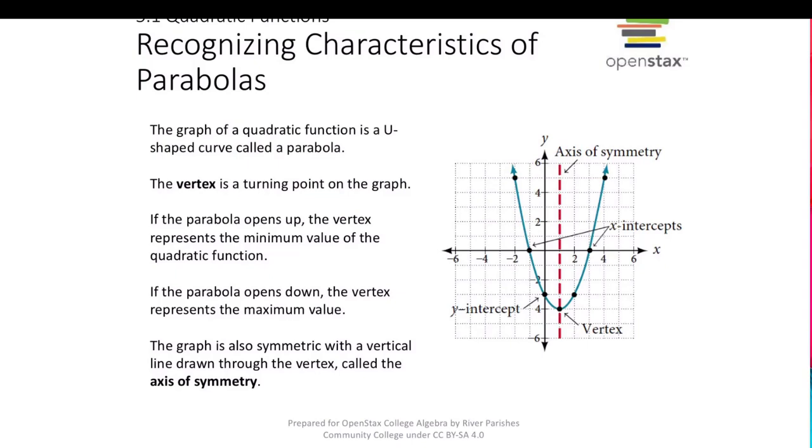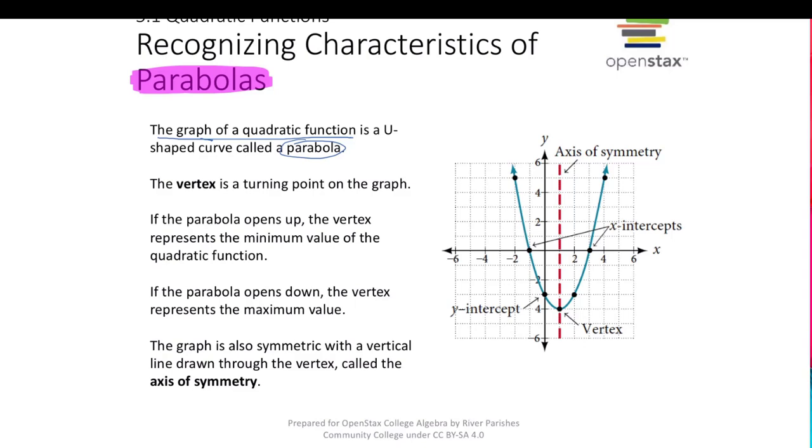All right, so let's start by looking at the characteristics of the graph of a quadratic. So again, the graph of a quadratic is called a parabola. So the graph of a quadratic function is called a parabola, which is a U-shaped curve.